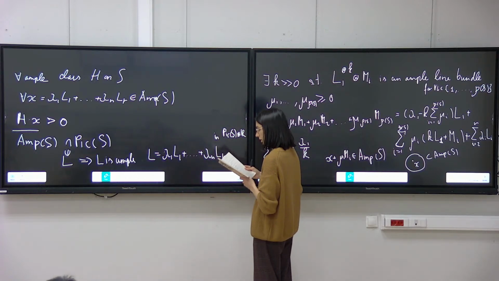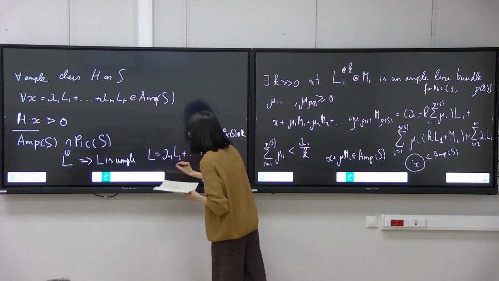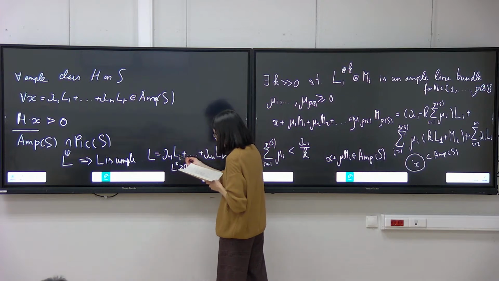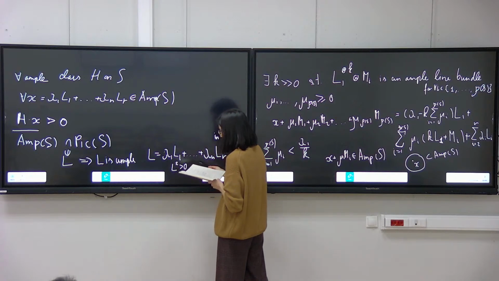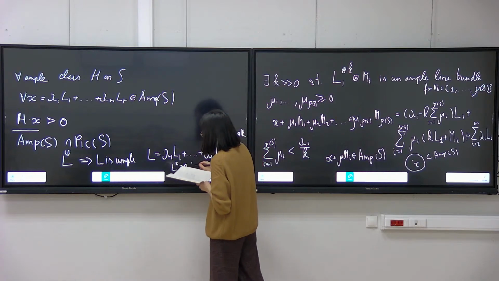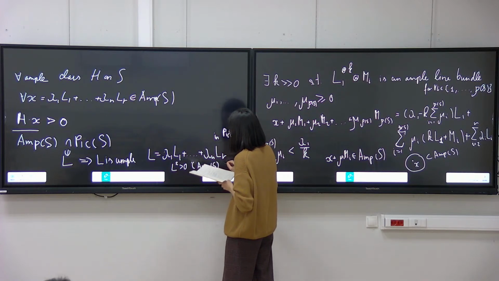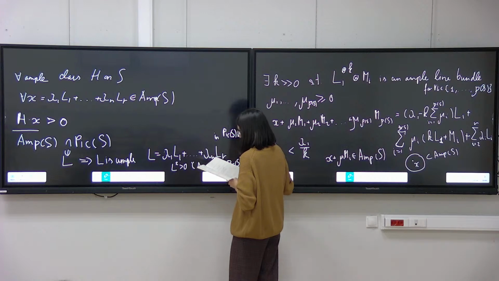So we have this element. Then what we know is that its square is greater than 0, just because we already proved that it lies in the positive cone.